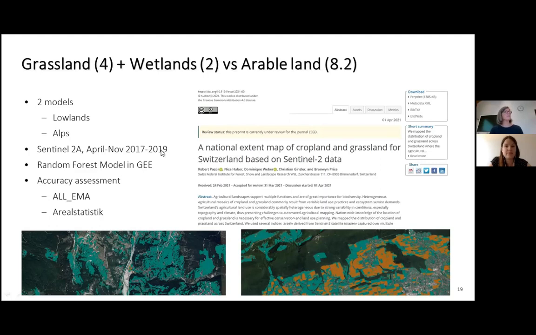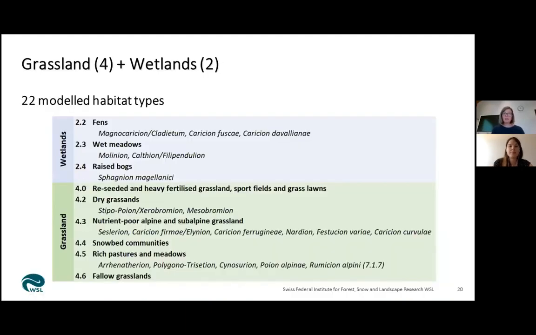That helped us to distinguish the permanent grassland from the crop area. And he performed some accuracy assessment using ALEMA data and the Area Statistica land use data. And now I'll hand over to Nika to talk about the modelling of the grassland and wetland, which was one of the largest parts of our project over the last 2 years.